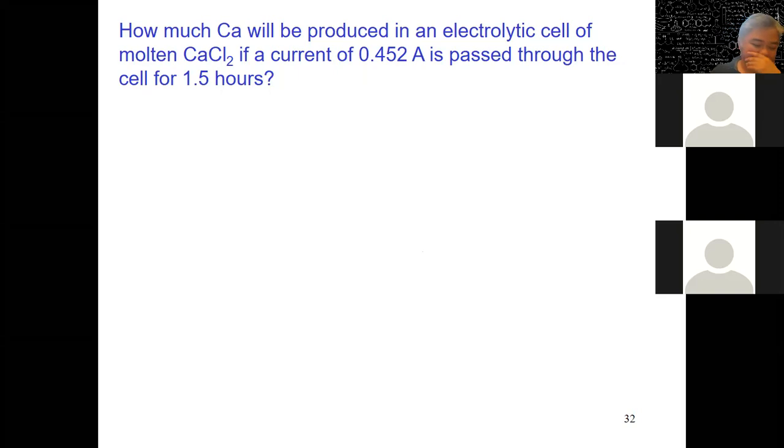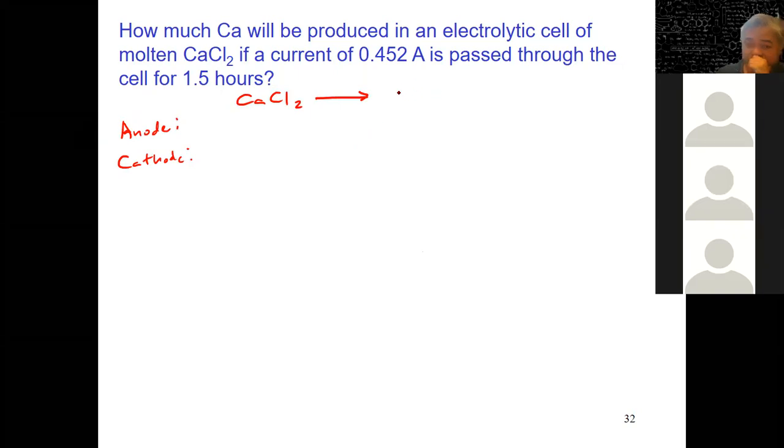So maybe the thing that we can do is you have a molten calcium chloride. So ano yung nangyayari sa anode? Ano yung nangyayari sa cathode? So what will happen to the calcium chloride? It will generate calcium 2+ and 2Cl negative. Now the question is, alin dyan sa dalawang species ang mag-oxidize at alin dyan ang marireduce?